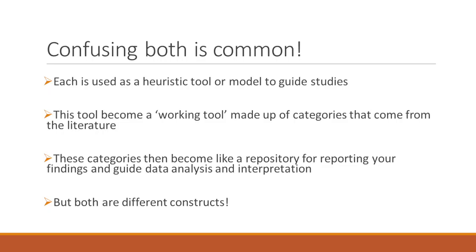These tools become like working tools consisting of categories that come from the literature, and these categories become like a repository for reporting your findings and guide data analysis and interpretation. Although both terms are used interchangeably within the literature, Bloomberg and Volpe see both words as two different constructs by definition and by how they are represented in the research process. So this is important to keep in mind.